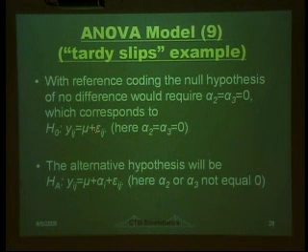You remember I had mu plus alpha i, but if all of those equal 0, there is no reason to add them up. Alternatively, if our groups are different, we will have to estimate all of those parameters, and we have a little bit more complex structure. In this case, we will get those parameters alpha sub i.